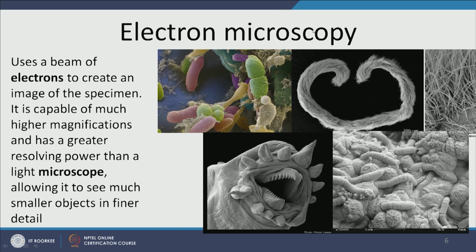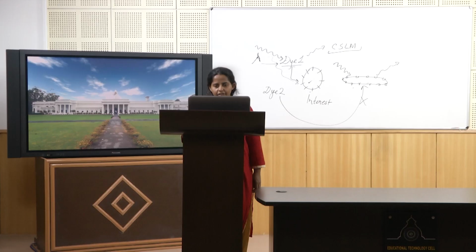What electron microscopy does is it shines a very powerful beam of electrons to create an image of the specimen, and as it's written on the left and is evident on the right, you can gather high magnifications. It has very high resolution, as illustrated by the top rightmost picture, and it allows us to see much smaller objects in much finer detail.